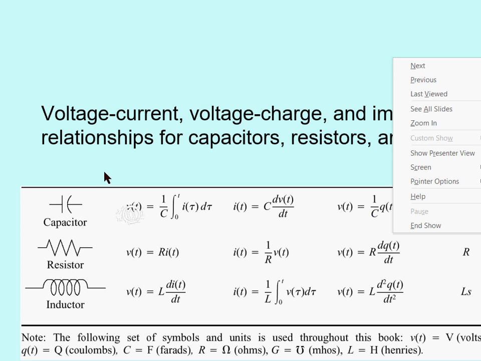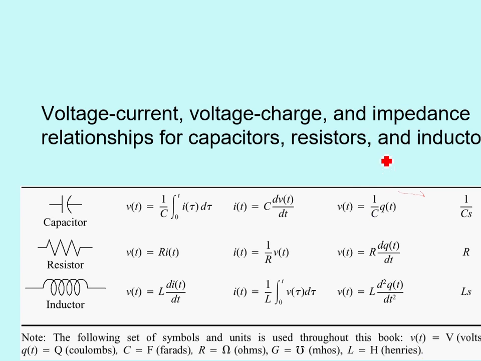Or you could write the equation the other way in terms of the current. And in terms of the Laplace transform, this is what you will see. For the resistor, voltage is R times I, or I is 1 over R times voltage, and so you have in here the Laplace operator on that, and this would be for the inductor.